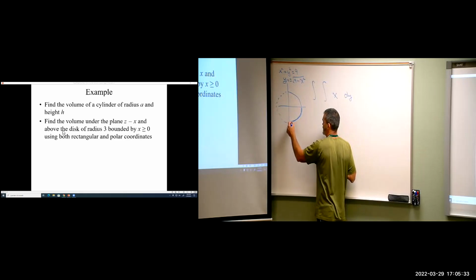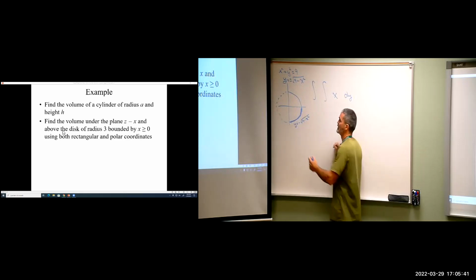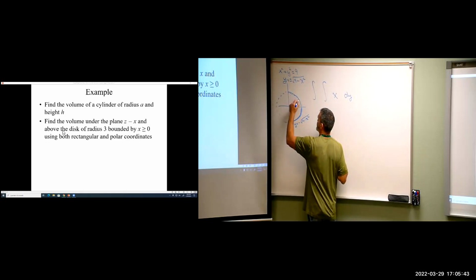That part right there is y equals negative square root of 9 minus x squared. That'll give us the negative y values. This guy here is y equals square root of 9 minus x squared.